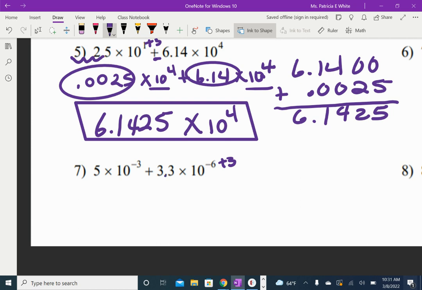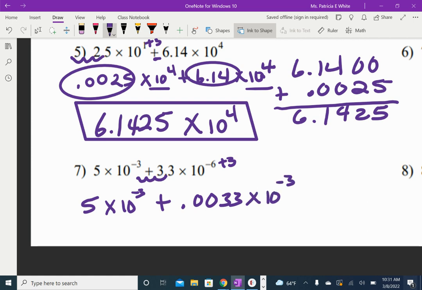So if I add 3, then I've got to move this 3 spaces over. So I have 5 times 10 to the -3 plus 0.0033 times 10 to the -3.